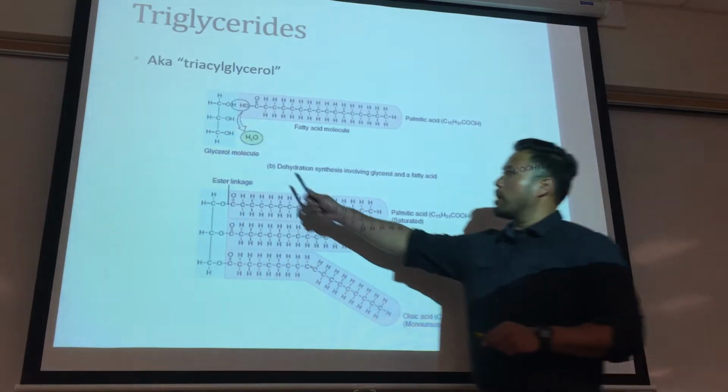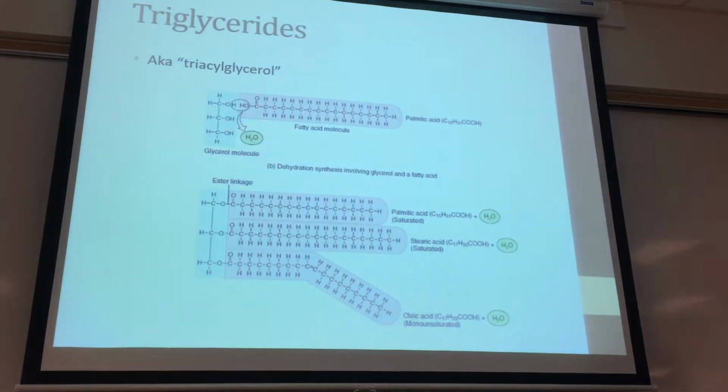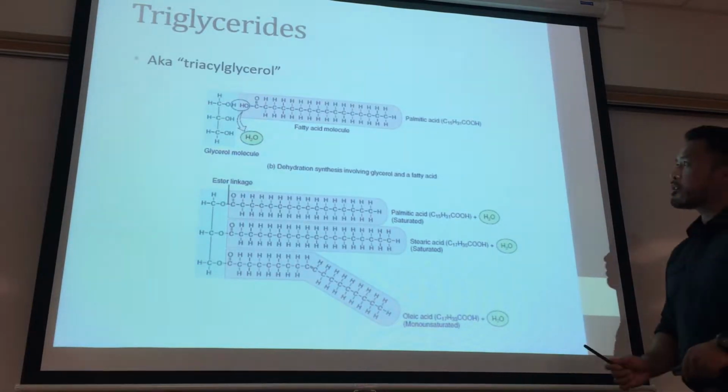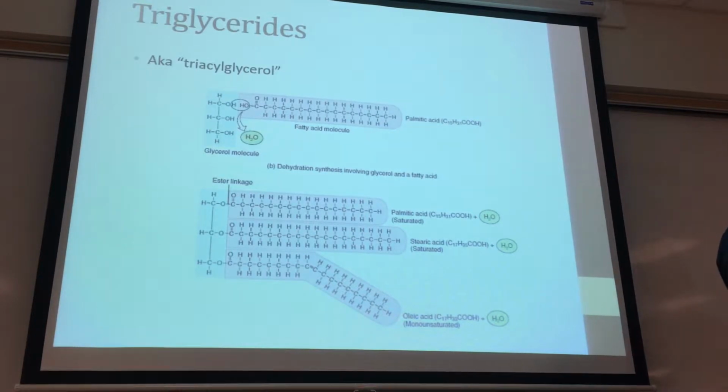Now, the other molecule on here is a glycerol molecule. It is a type of sugar alcohol, and it has 3 attachment points right here, where we use hydroxyl groups. In order to get that fatty acid to bind to that glycerol molecule, we undergo dehydration synthesis, which you already mentioned earlier, is the loss of water. And in this loss of water, we also have to invest energy.